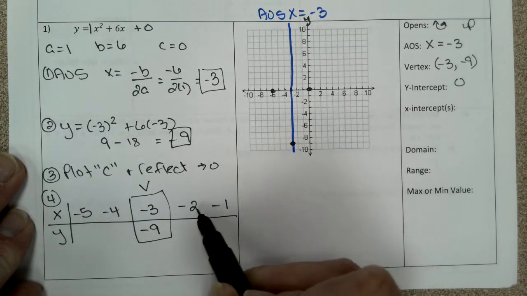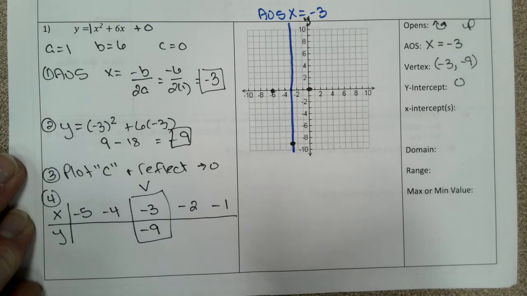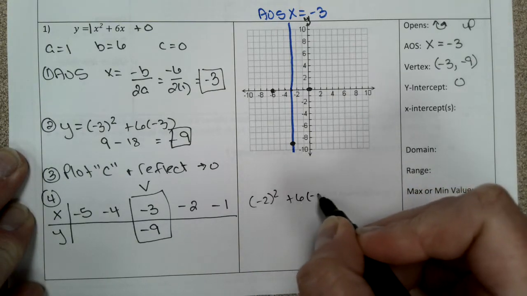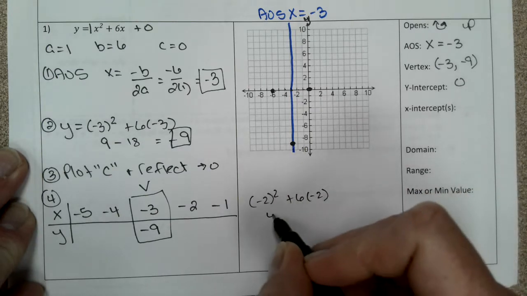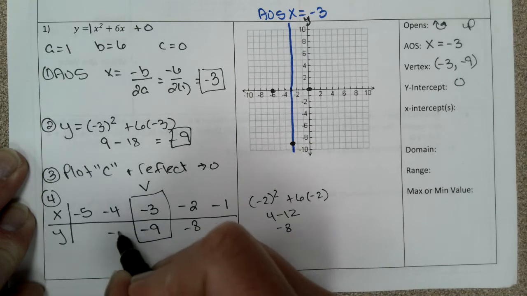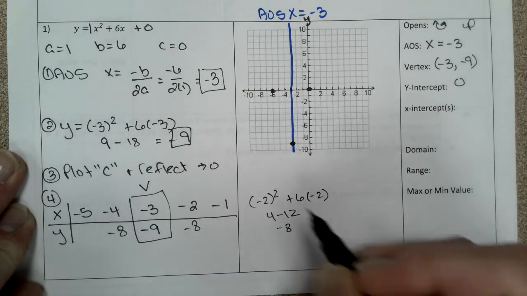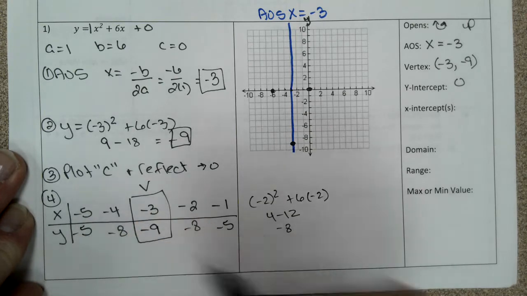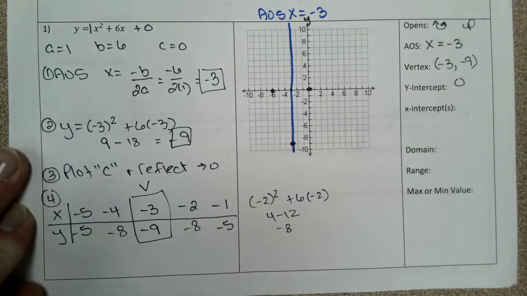I'm plugging -2 into my equation up there. -2 squared plus 6 times -2. 4 minus 12 is -8. I plugged -1 into my calculator, and I got -5.